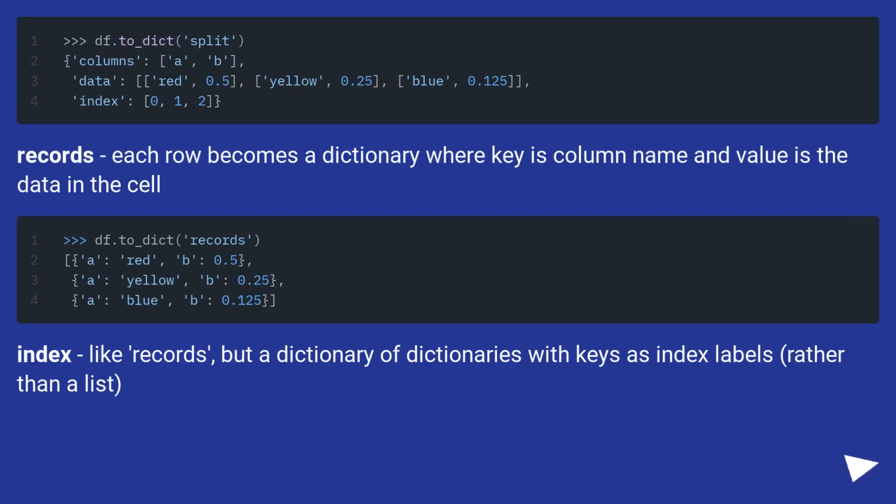Records: each row becomes a dictionary where the key is the column name and the value is the data in the cell. Index: like records, but a dictionary of dictionaries with keys as index labels, rather than a list.